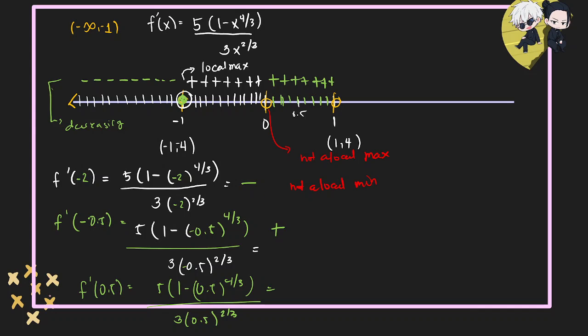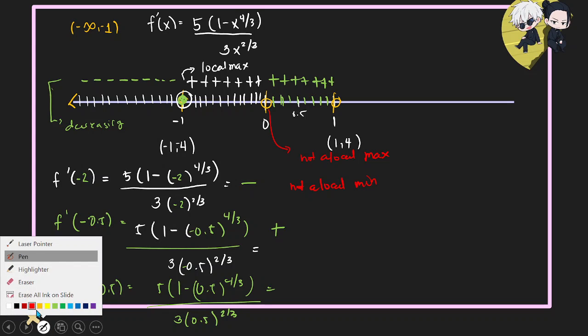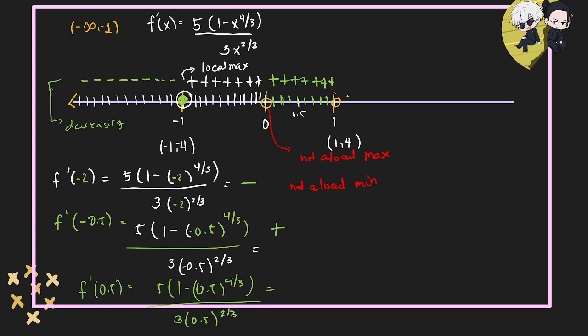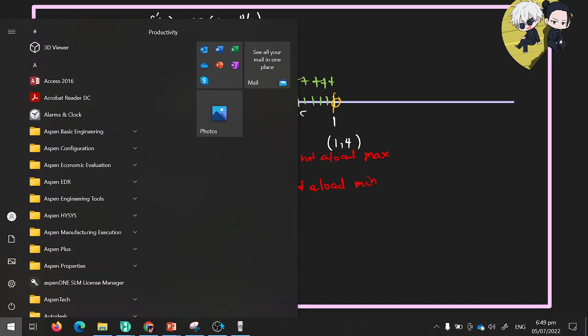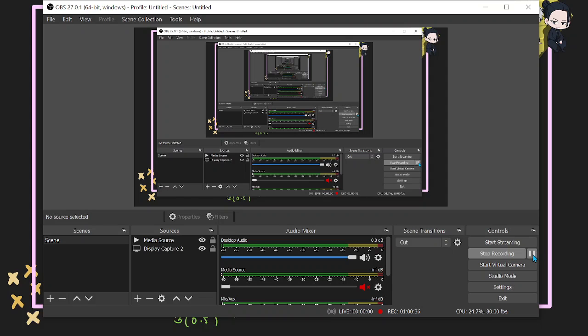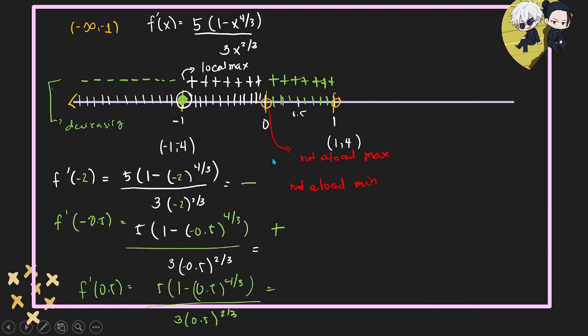Okay? Now, let's test naman yung nasa right ng 1. So paano natin itetest yung mga nasa right ng 1? Any value that is on the right of 1, for example, 1.1. So we're going to substitute that on the whole function.